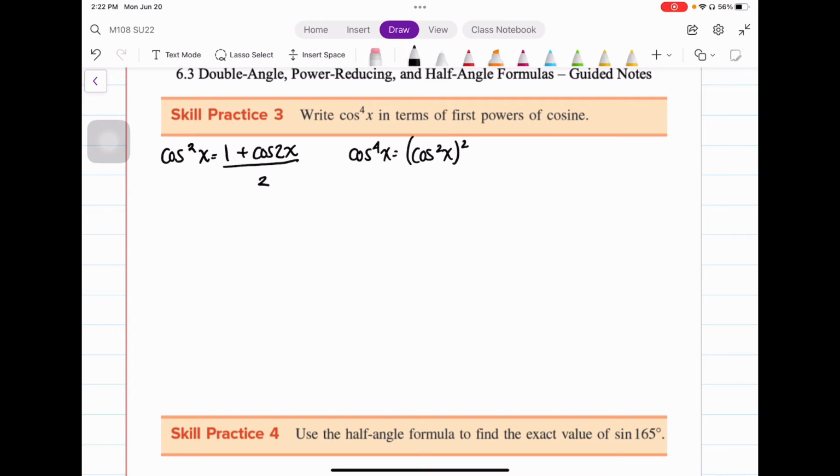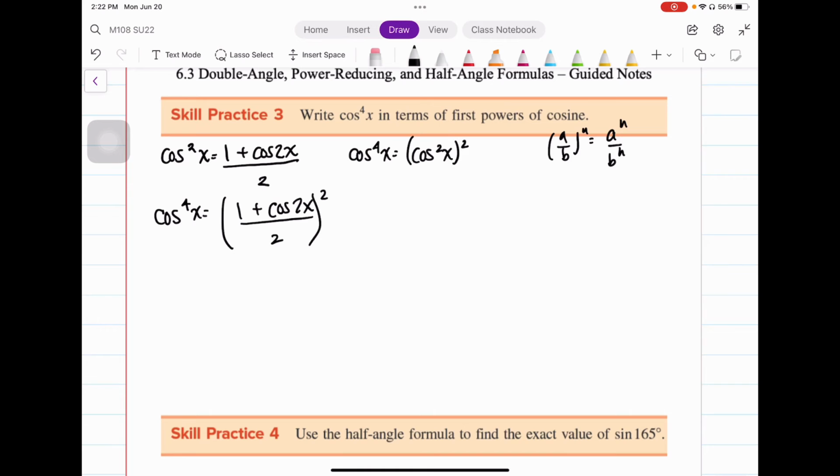Cosine to the fourth of x is the same thing as cosine squared of x to the second power. I'm then going to say that the cosine to the fourth of x is equal to 1 plus the cosine of 2x over 2 to the second power.